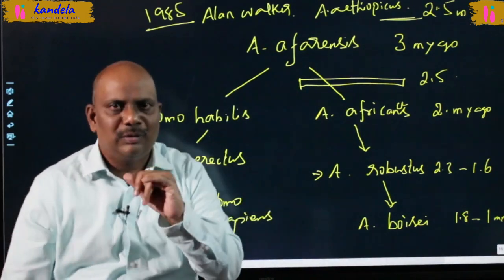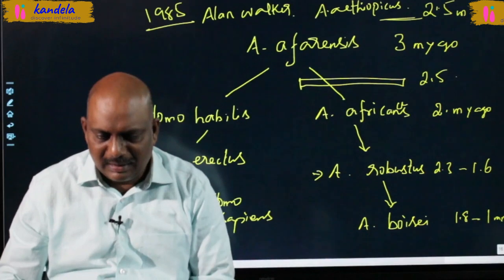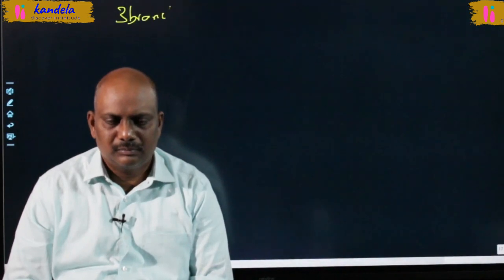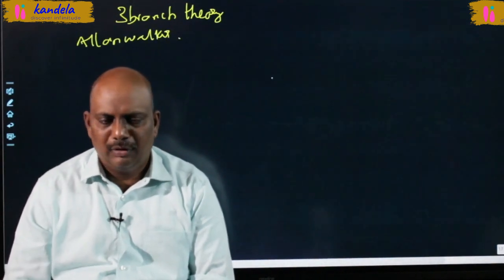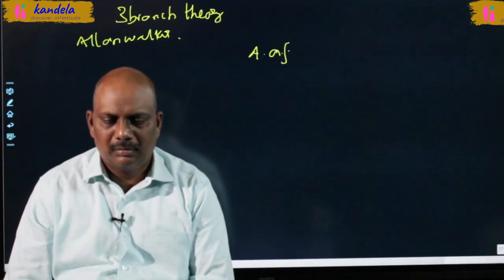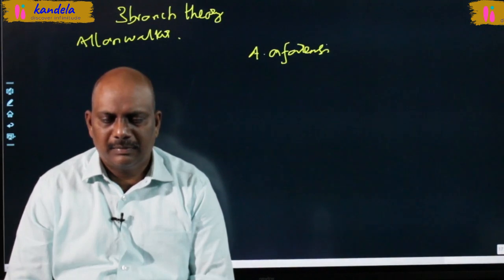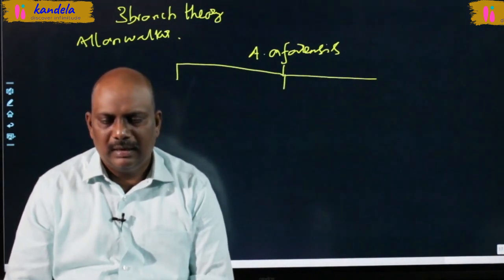I will explain it through one table again. See, now you can take down this table. Three branch theory given by Alan Walker. According to him, Australopithecus afarensis got divided into three lines.